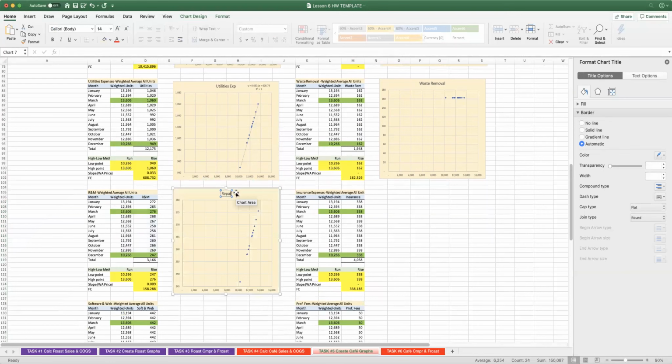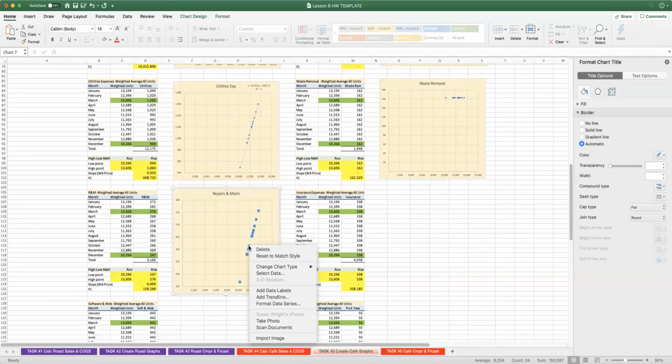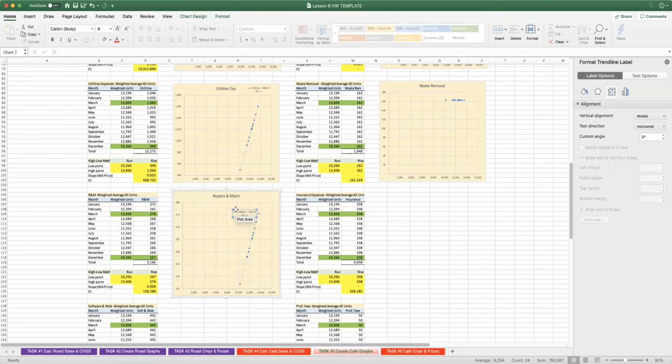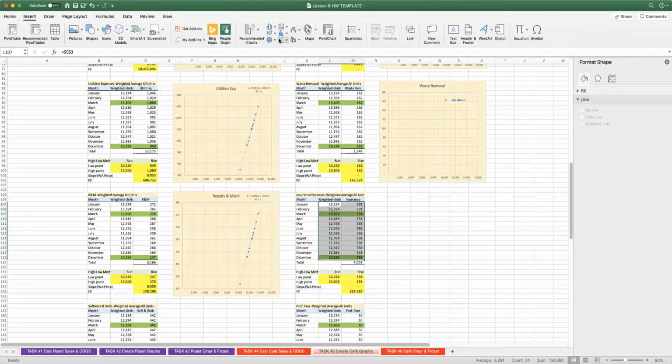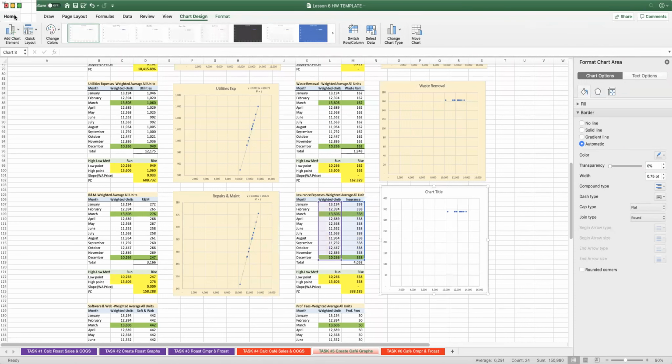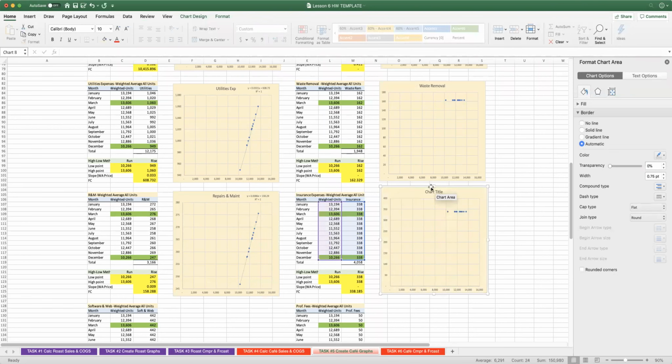Repairs and maintenance. That looks very linear. Let's see what it shows up as. Yep, it'll be the same. So it does have a fixed and a variable component. Okay, notice this one looks completely fixed.